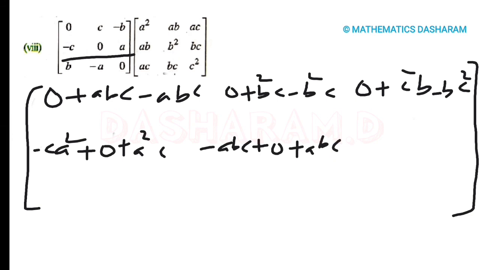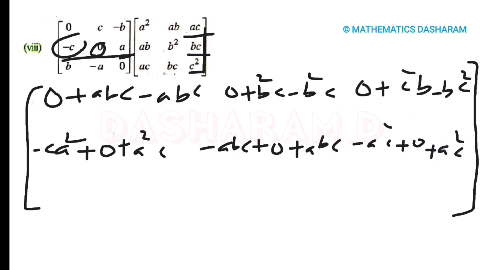Next, same second row but multiply with the third column. Minus c into ac, minus ac square. 0 into bc is 0. Next, a into c square, ac square.